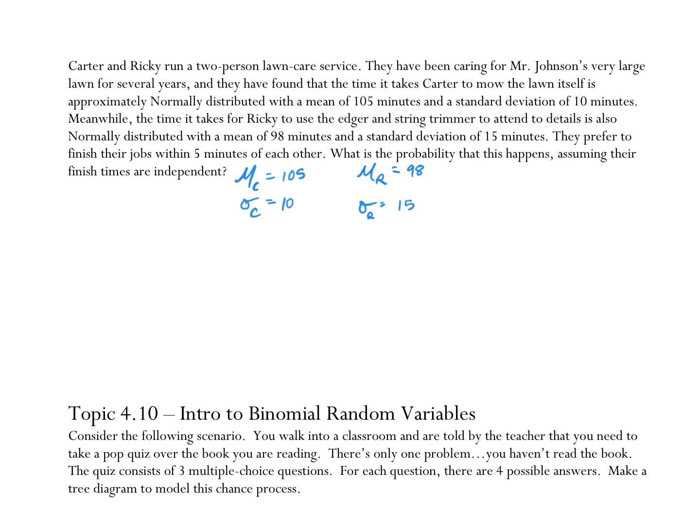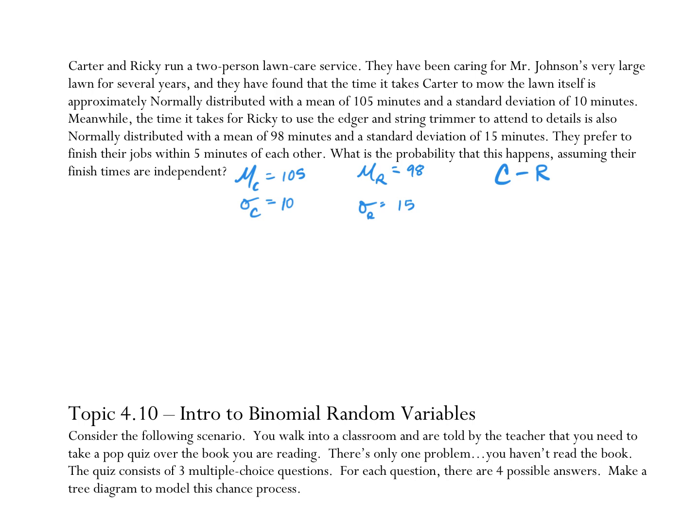All right. So if I want to figure out, did they finish within 5 minutes of each other? What should I do with their 2 times? Subtract. I should subtract them, yeah? So we want to think through the distribution of Carter minus Ricky.